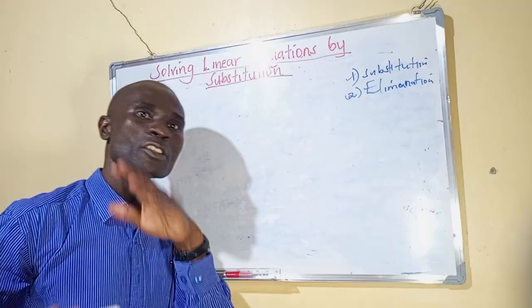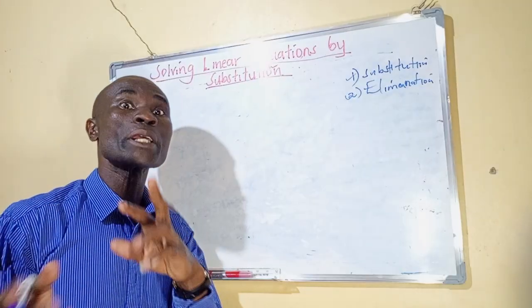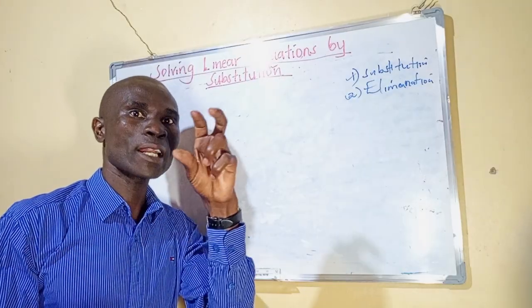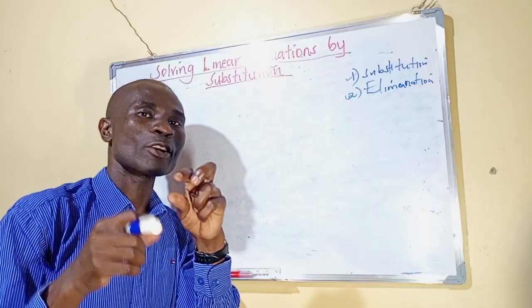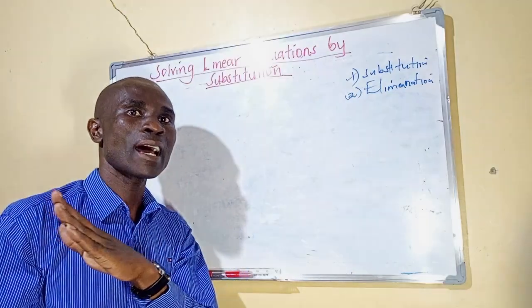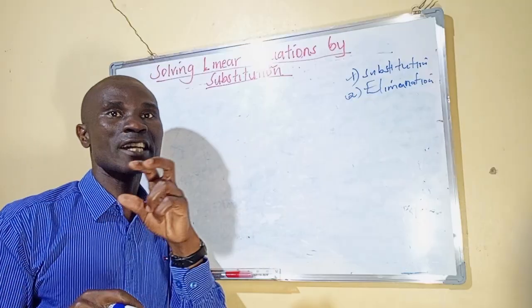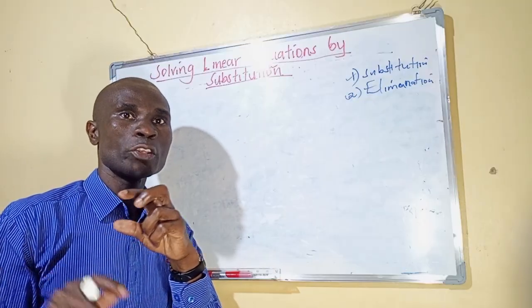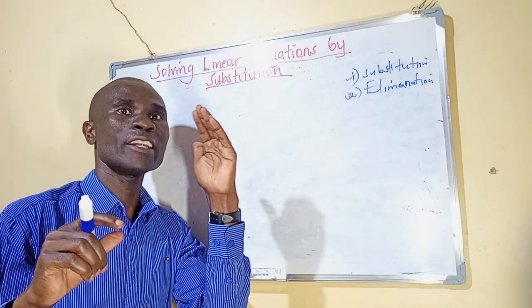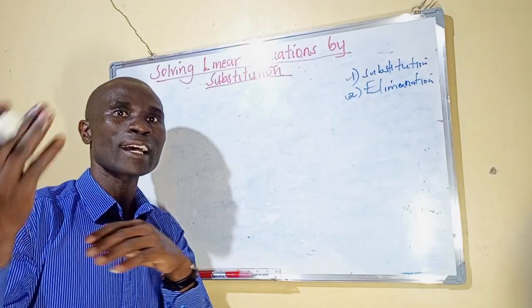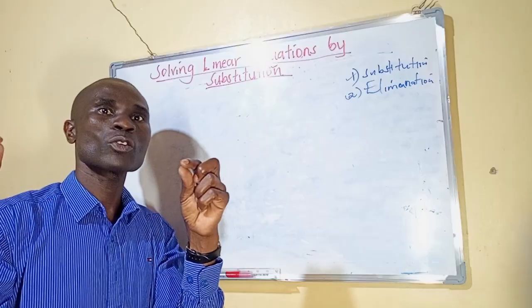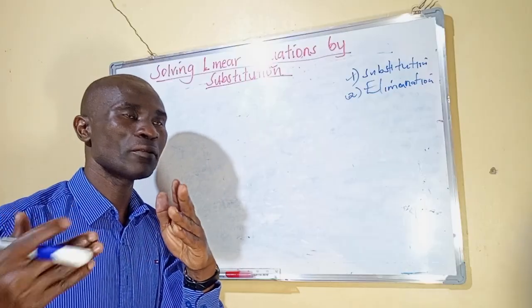To substitute simply means to replace. So you replace one unknown with another in such a case whereby the new equation that arises will be in just one unknown, and therefore the solution will be very direct.